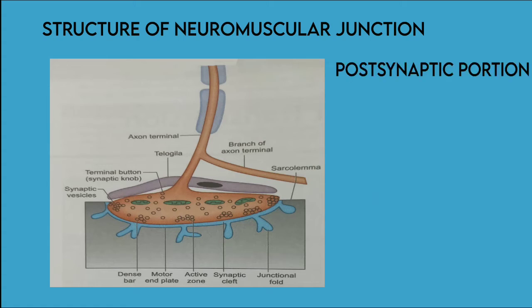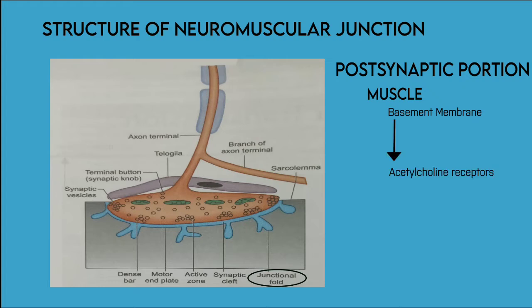The postsynaptic portion consists of the muscle that is being innervated by the neuron. It is covered by basement membrane, which is thrown into numerous junctional folds. It also has numerous acetylcholine receptors, which are chemically mediated ion channels that permit a net influx of sodium.